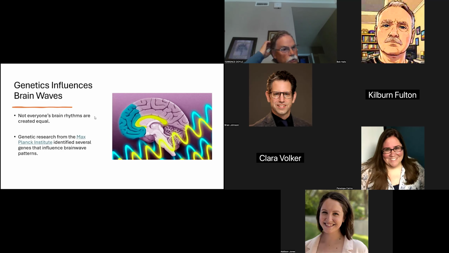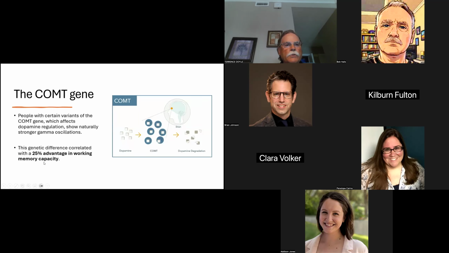The next thing I want to mention with this slide is that there is a genetic component to the effectiveness of our brain waves, and that some people who have a particular variant of the COMT gene actually have been shown in studies to have a 25% advantage in working memory capacity.